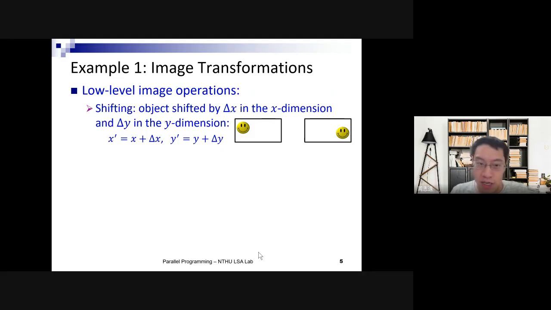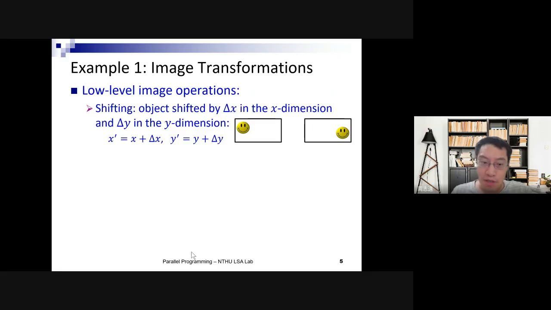If we want to shift some object on our screen to the right side, the left side, or some other position, what happens is we basically move the pixel to another location by adding a shift distance to your x or y dimensions. Most images consist of pixels, so those operations can be applied on those pixels independently, by operating on their coordinates.